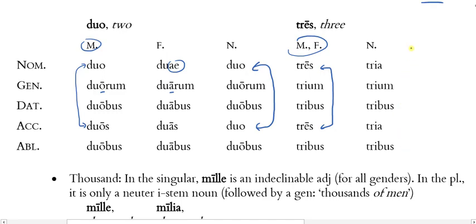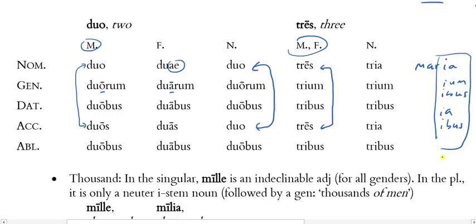So we did learn, if you remember, a neuter i-stem noun like mare, which was sea, and the forms of sea in the plural were maria, marium, maribus, maria, and maribus. Okay, so we have exactly the same i-stem endings here on tria as well.